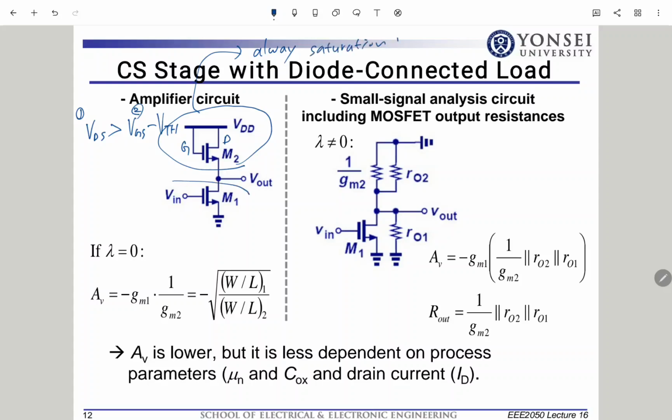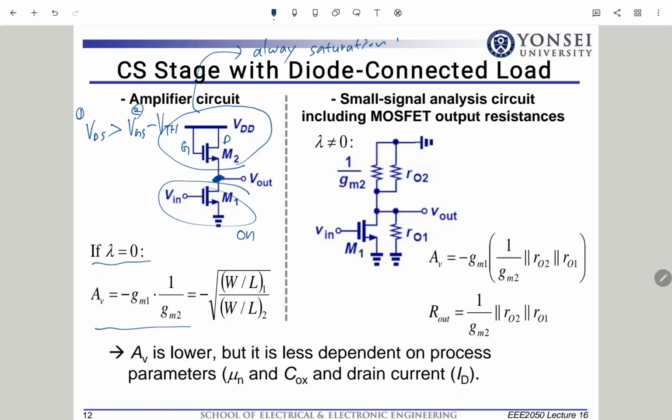Therefore, M1 transistor is always in saturation as well. Is that right? By KCL at here, KCL has to be satisfied. Therefore, M1 is always on as well. So if we don't consider the channel length modulation, then the voltage gain becomes something like this.